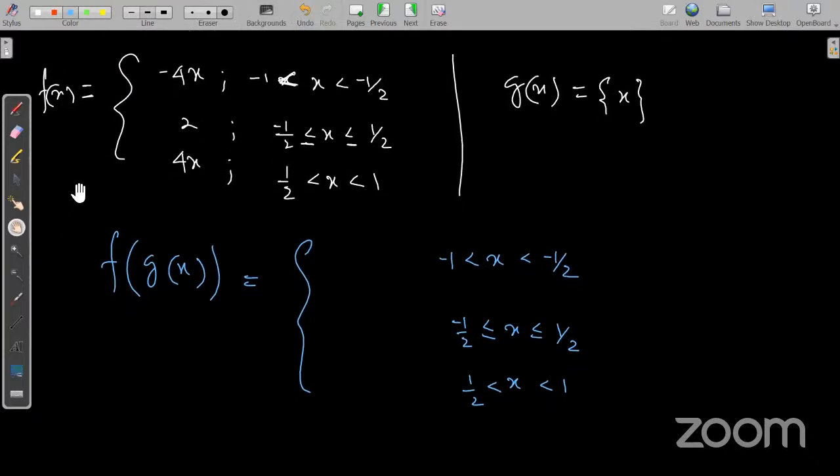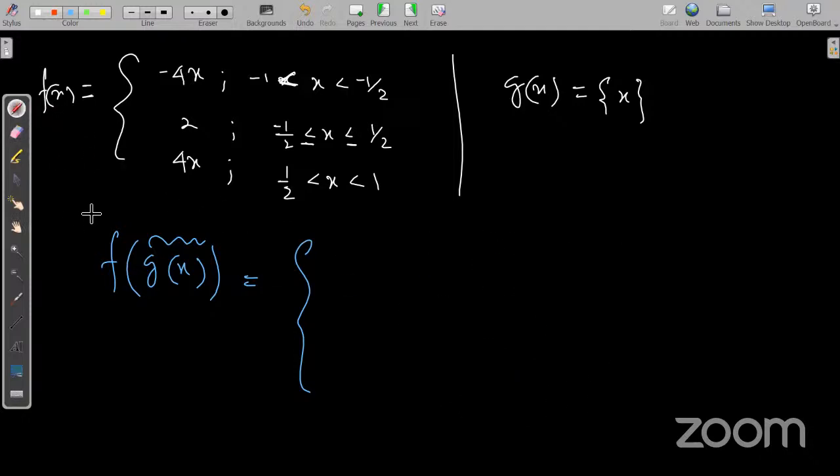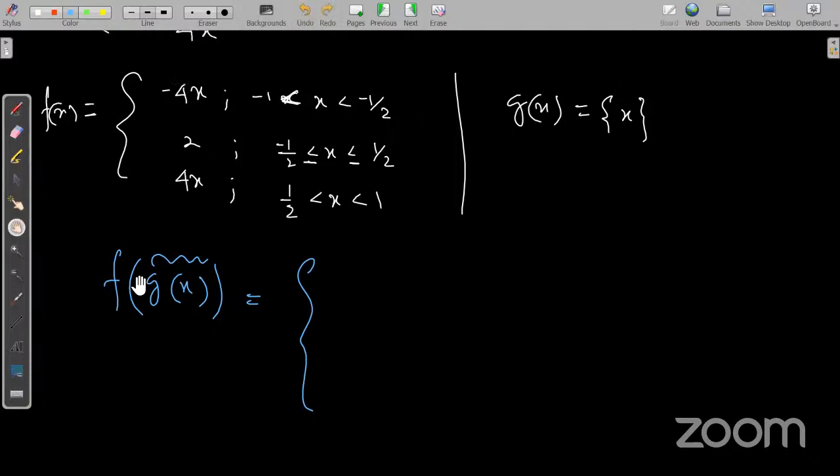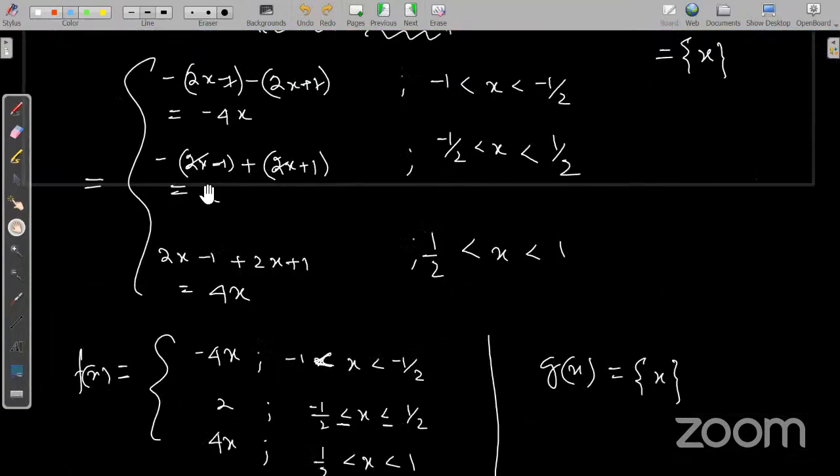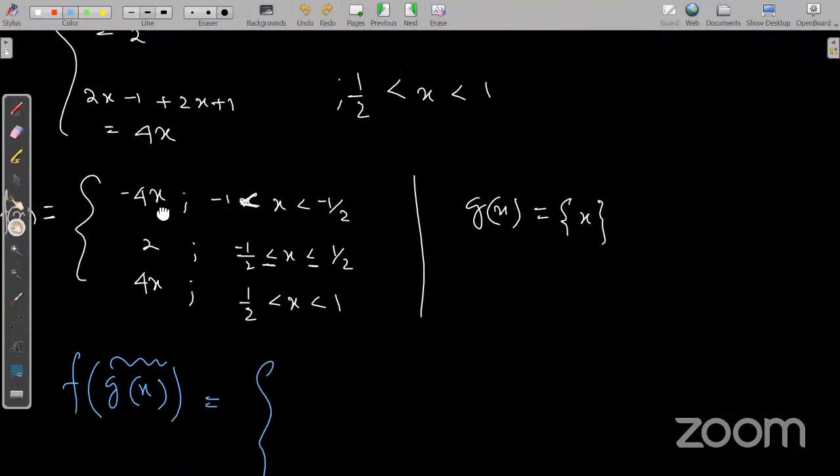Now for f of g of x, my input becomes g of x, right? So instead of x, we have to take g of x. For g, the domain is given in the question as minus 1 to 1.